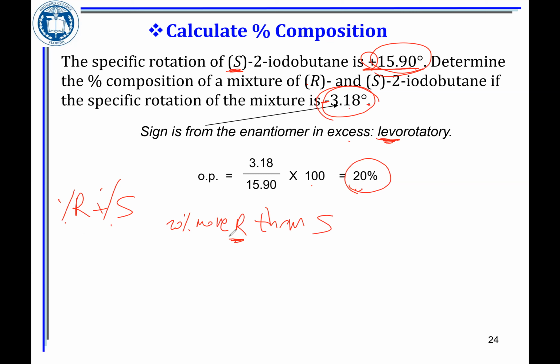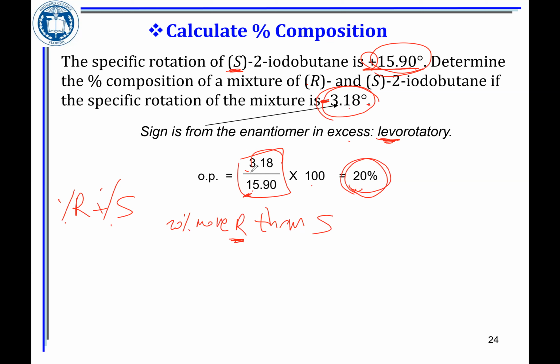Because overall it's showing a negative sign. If overall shows a negative sign, that means you had more R than S. The numerical value of how much more can be calculated from the numbers given: a standard specific rotation, and the observed one for the mixture.